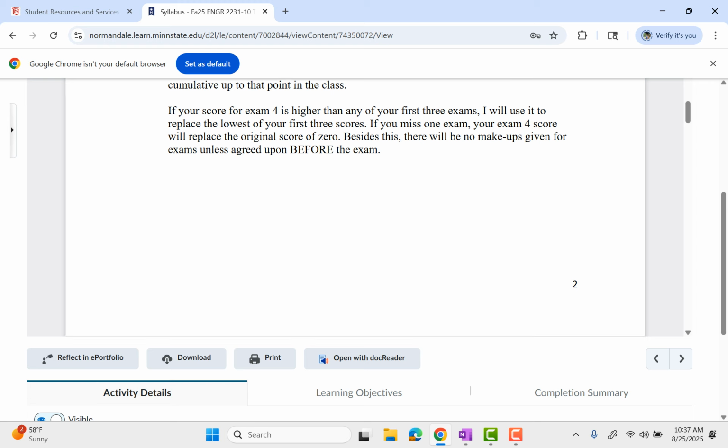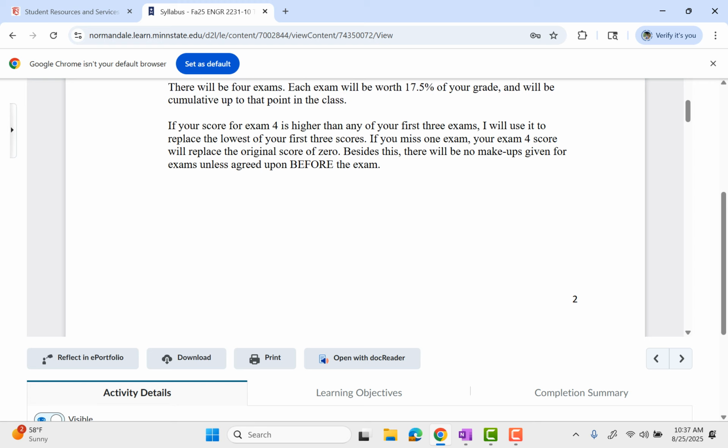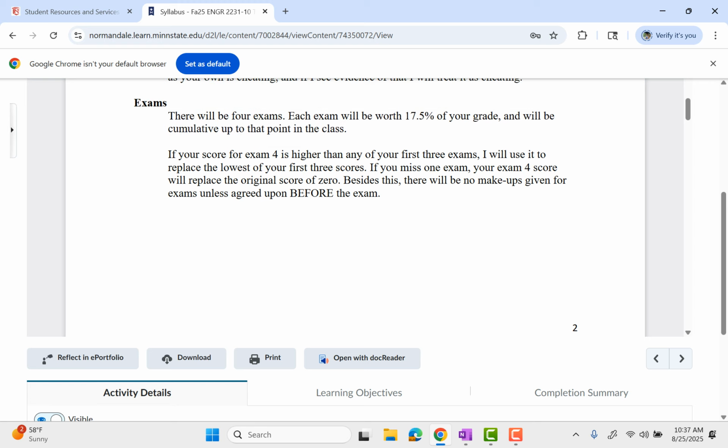Then there's the mulligan for the exams. No exam is worth more than any other exam. The final is worth the same as all the other ones. But if your final score is higher than any of your first three, it can replace the lowest of your first three scores.